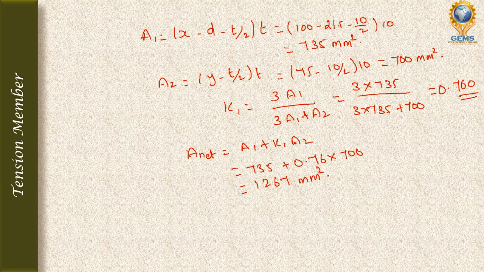Then we know the sigma AT also. Then the tensile strength of the angle section is equal to 1627 into 150. That 150 is in megapascal, Newton per mm square.